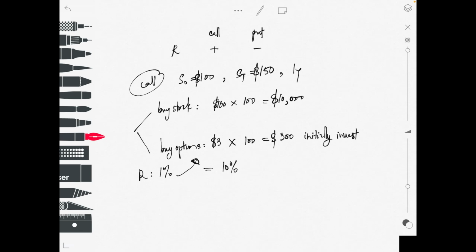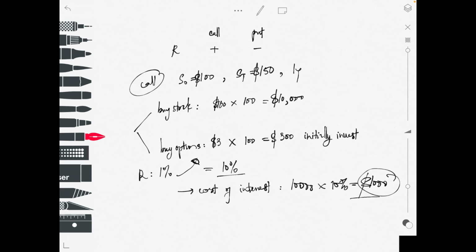However, if you invest $10,000 for 1 year at 10%, your cost of interest will be $10,000 times 10%, which is $1,000, and this is a lot of money, right? So your profit is $10,000, but you need to pay $1,000 of interest if you borrow the money from the bank. So your net profit, if you buy the stock, is only $9,000, which is lower compared to buying the option.